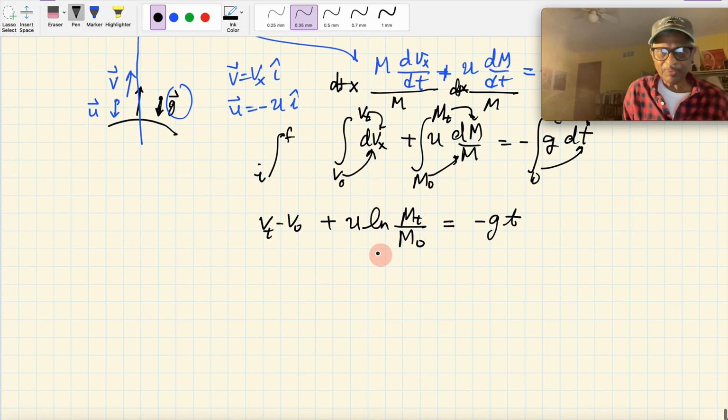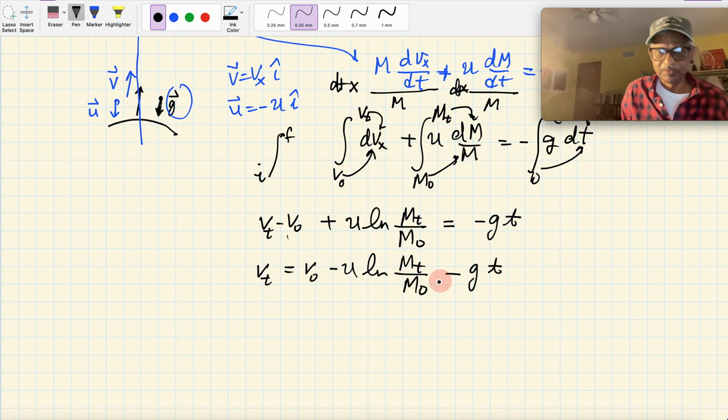Okay, so you can see I can put this on the other side. So vt equal to v0 minus u log mt over m0 minus gt.